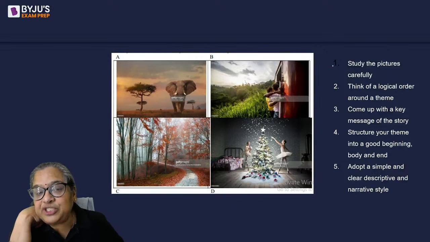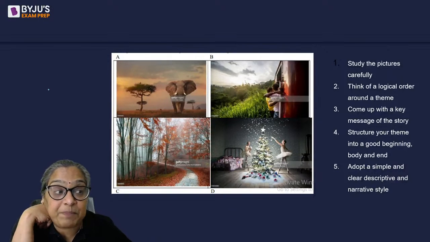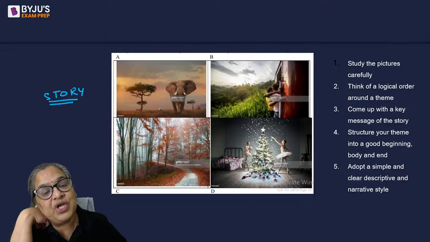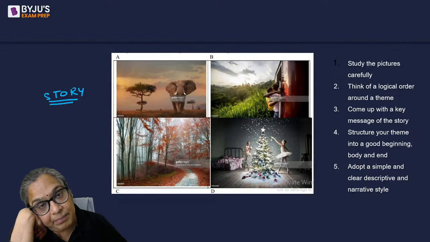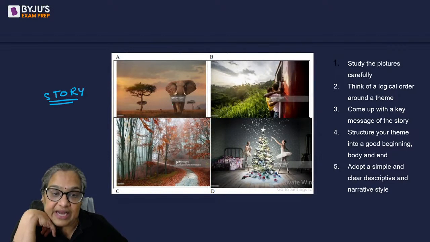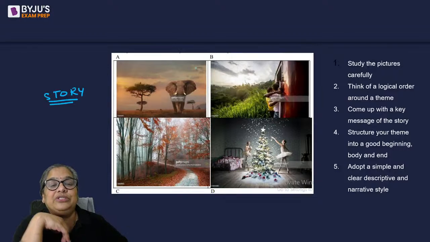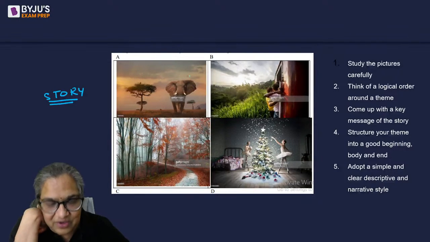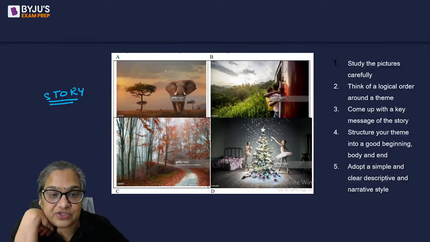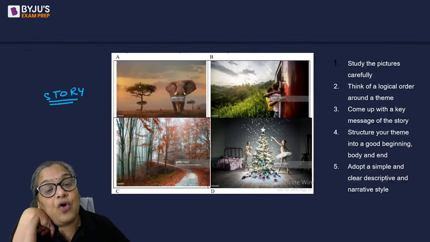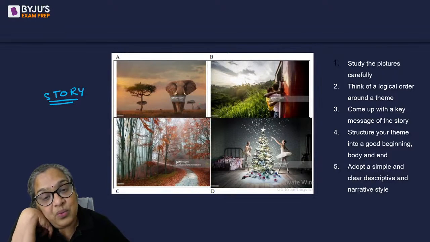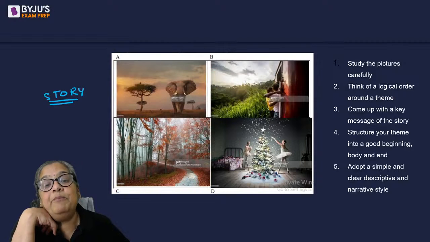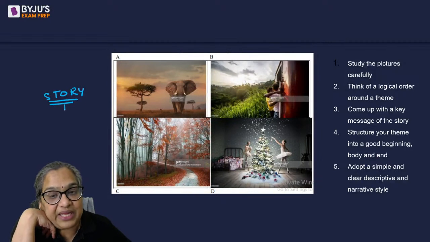So study the picture carefully and have a logic. It's part of only one story that you're writing. Your story can be about a person who lived in Africa, who was the son of a forest officer, or son of somebody who used to take care of elephants, and how he dreamt of doing something else.